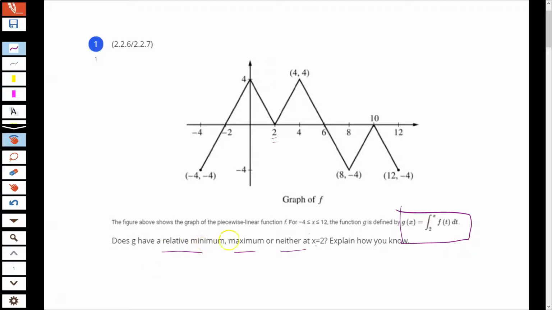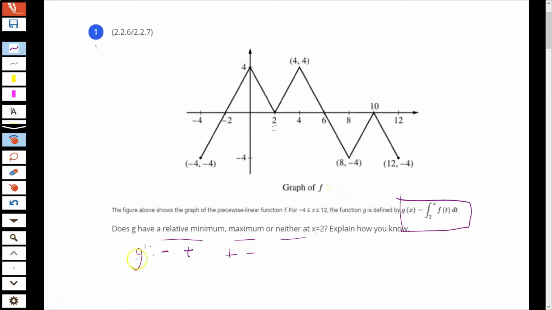All of these minimums and maximums deal with the derivative of g, g prime. At a minimum, g prime should change from negative, so decreasing, to positive, increasing. At a maximum, it's the opposite, positive to negative. And neither would be obviously neither of these two things.